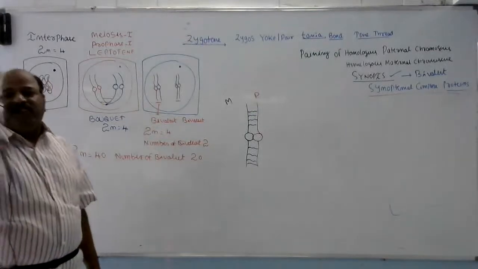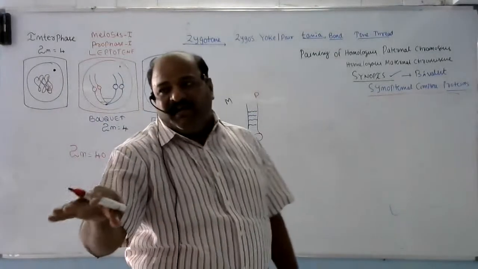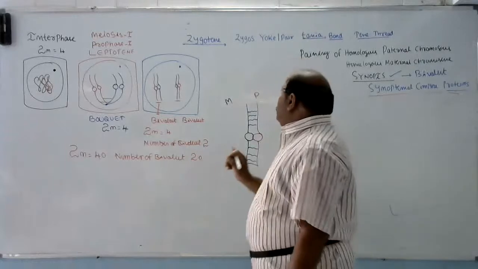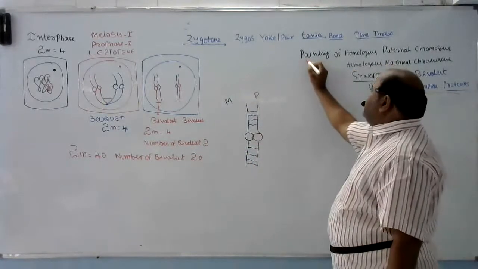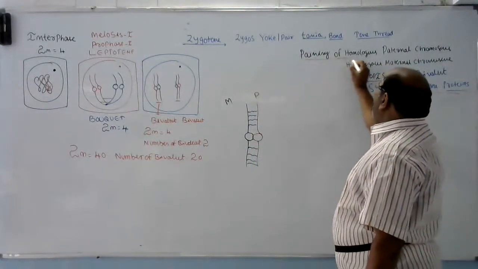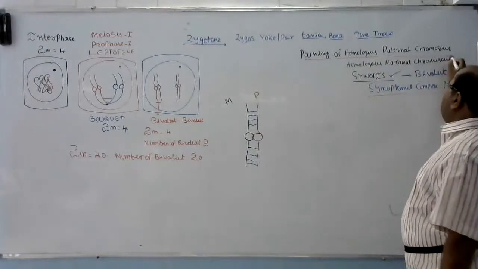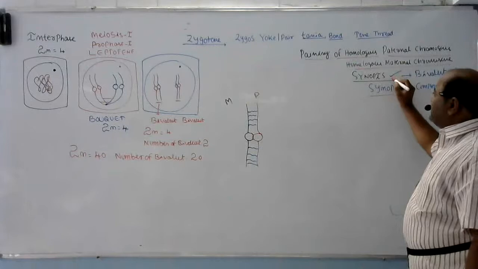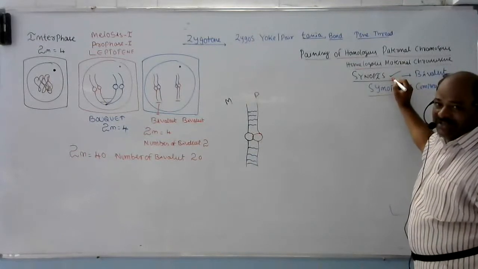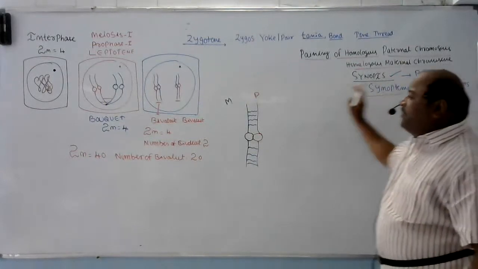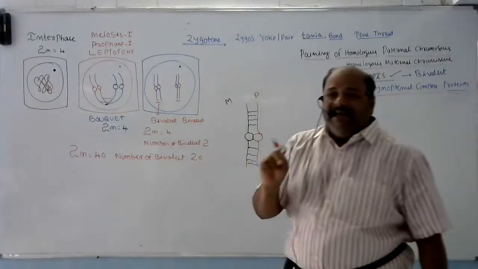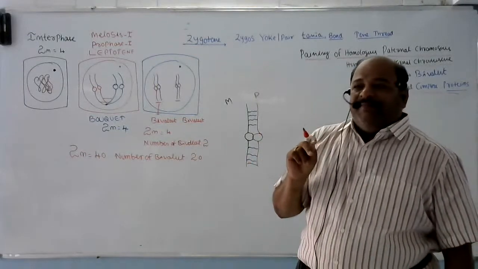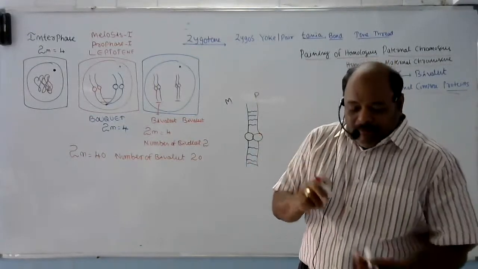If it is 100, 50. If it is 1000, 500. Pairs. So what is the first process in zygotene? Pairing of homologous paternal and maternal chromosomes. That pairing process is called synapsis, and each formed pair is called a bivalent.